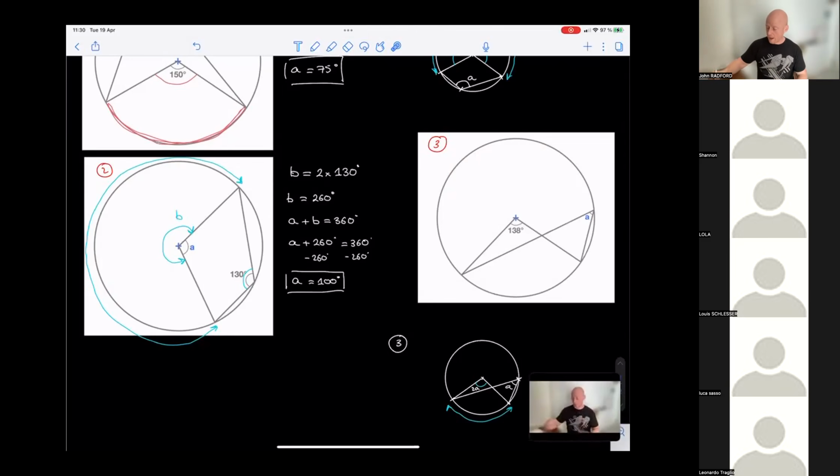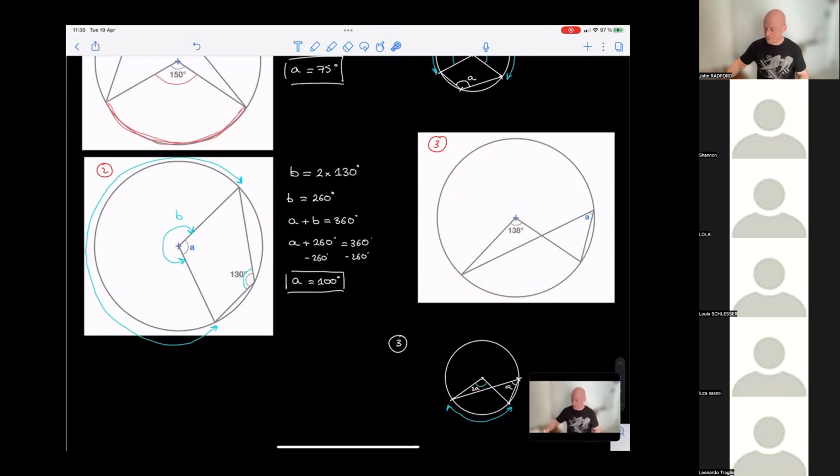You need to find an angle at the circumference, and we're given one of the 2 angles at the center. Remember, please force yourself to say there are always 2 angles at the center. And so the challenge here is always to figure out which arc is subtending the angle at the circumference, because that's what's going to tell you which of the 2 angles at the center you are working with.